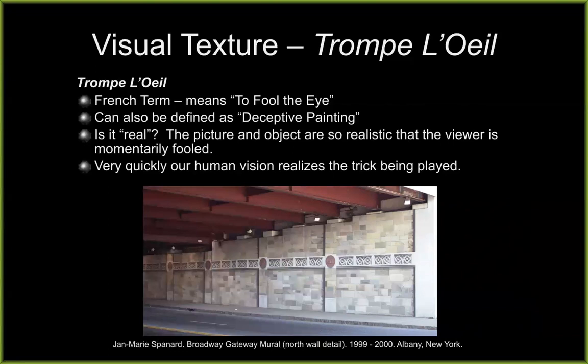It makes it look like it has a lot of architectural detail, stone and elements that protrude from the stone and they have depth, but it's all painting. So we're fooled by this momentarily, but we usually realize that it is not, in fact, stone and masonry, but it is a painting.